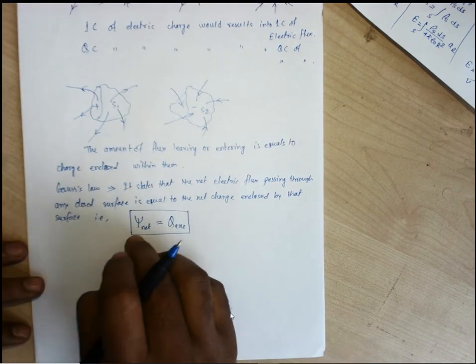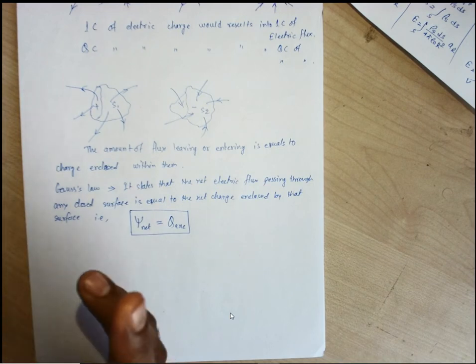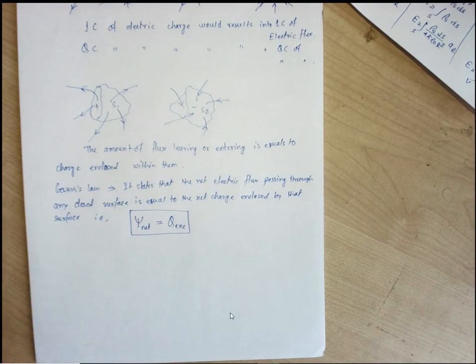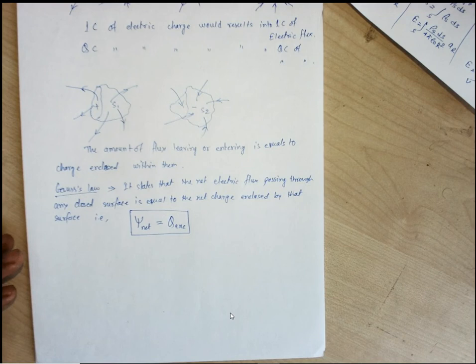Total flux passing through any closed surface is always equal to the net charge enclosed by that surface. Enclosed by that surface means within that volume, what is the total charge that has been kept, right? So from here Gauss law comes out: the net electric flux passing through any closed surface is equal to the net charge enclosed by that surface.